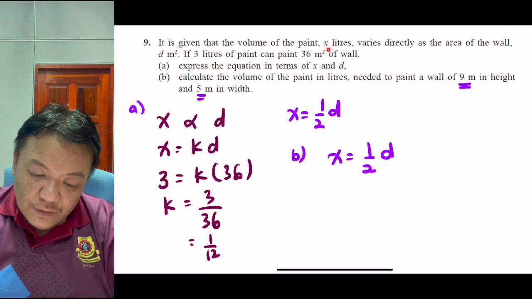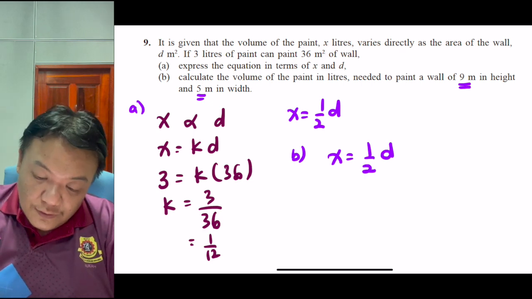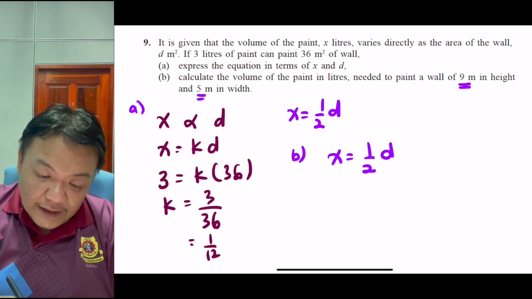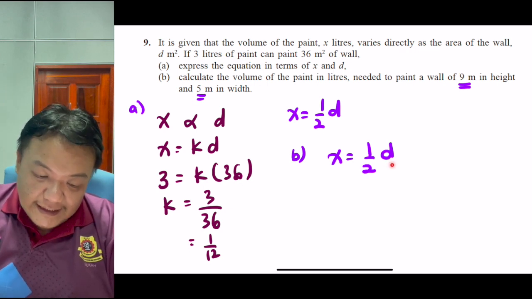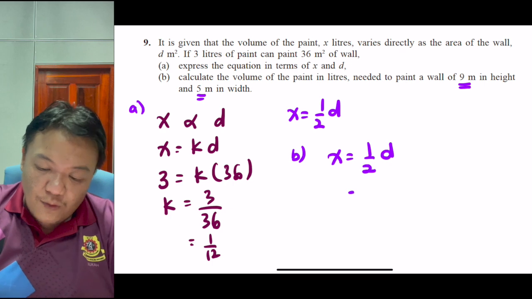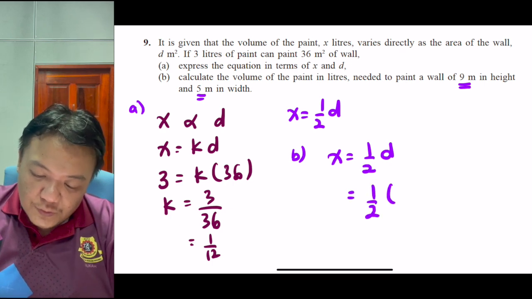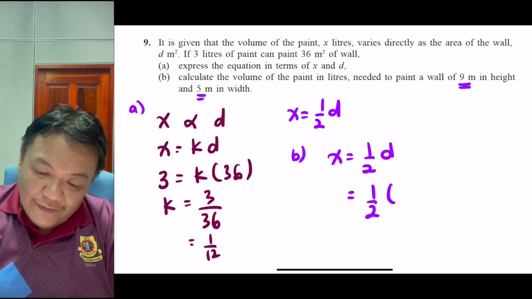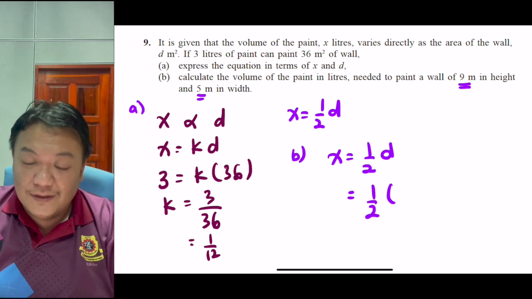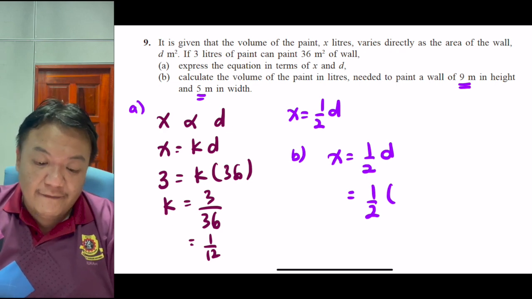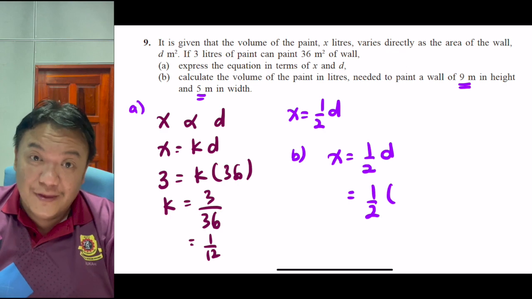We know liter is x. So you know that the given information is for d. D is area of the wall. So you were given height and width of the wall, 9 meter in height and 5 meter in width.